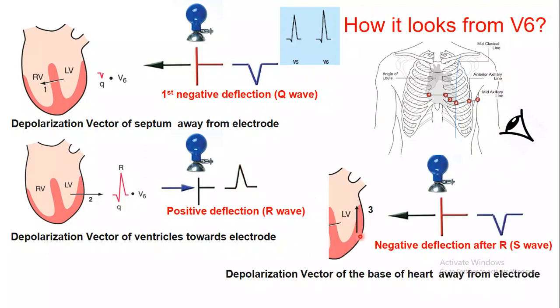Finally, the depolarization wave moves from the apex towards the base of the heart, a little bit away from the recording electrode V6, causing a second negative deflection on the surface ECG after R wave. A negative deflection after R wave is called S wave. So a negative deflection before R wave is called Q, and a negative deflection after R wave is called S wave.